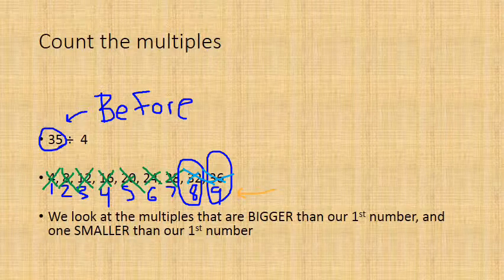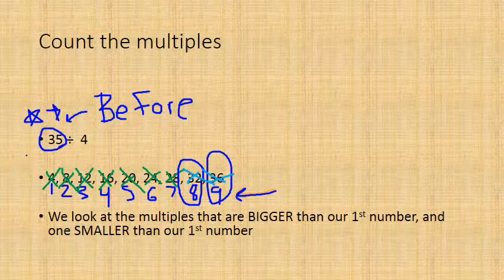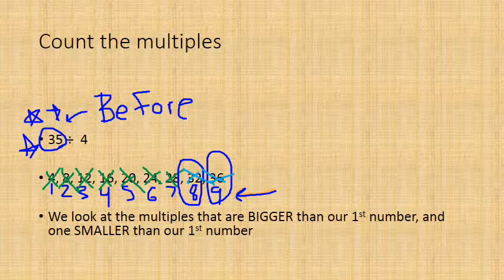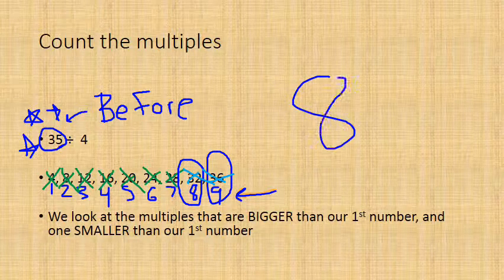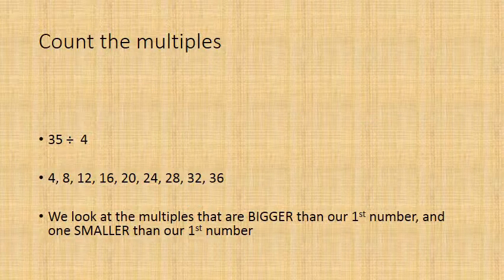We care about how many times we counted our 4s to get to the number that's super close to 35. Looks like the two closest numbers would be 8, 9. So I'd write 8-9 as my answer.